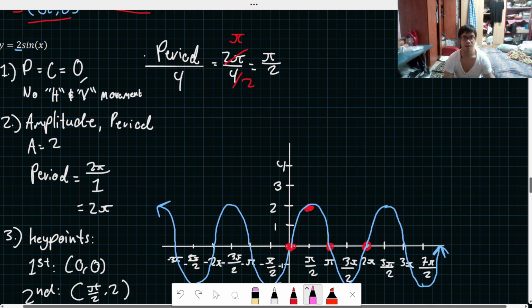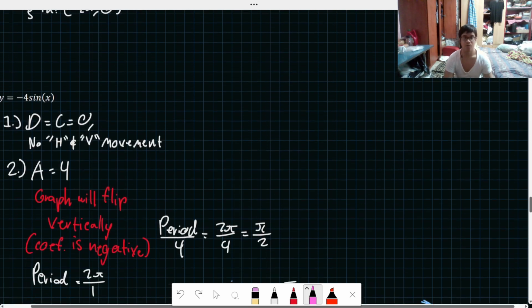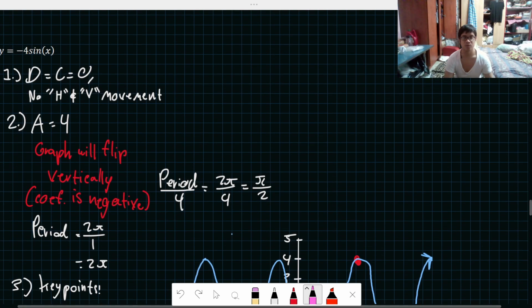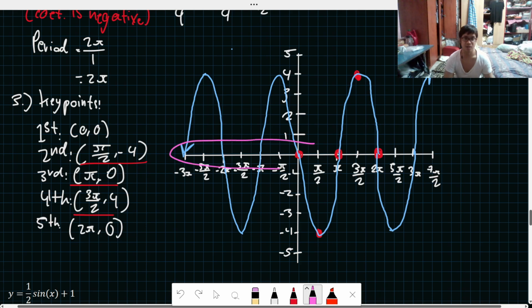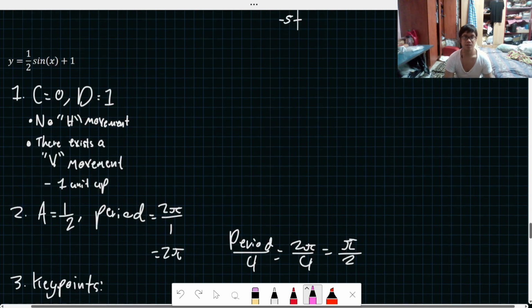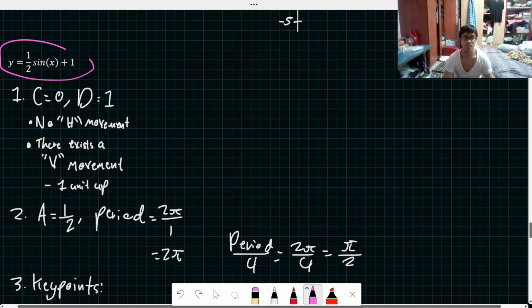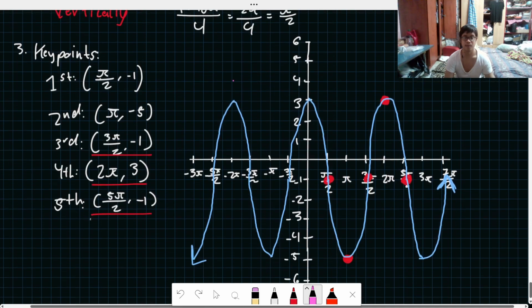The same with the graph of 2 sine x, the midline is also the x-axis. And for the next example we solved, negative 4 sine x, the midline is also here on the x-axis. Compare that to this one, 1/2 sine x plus 1.